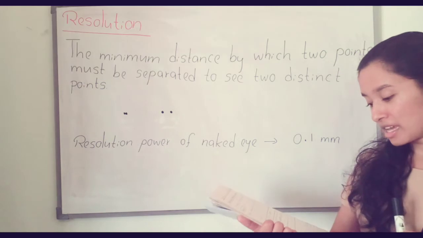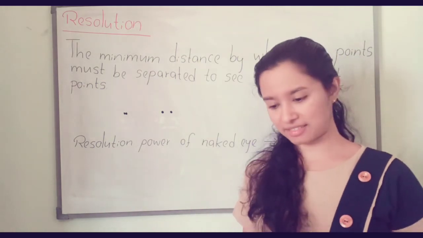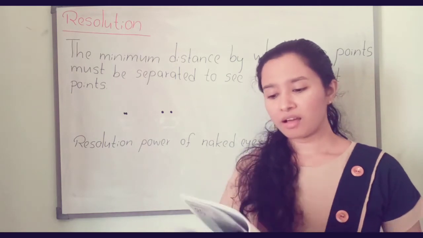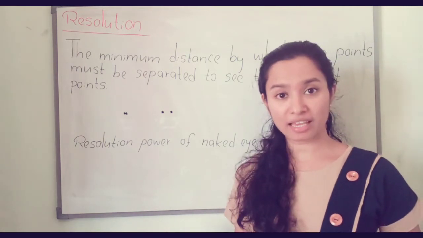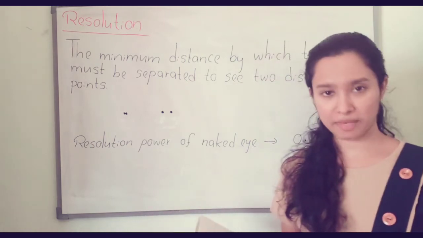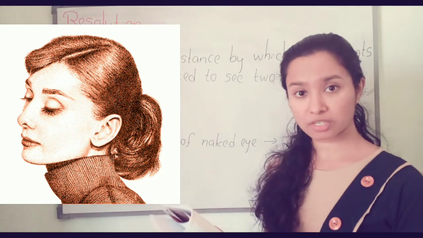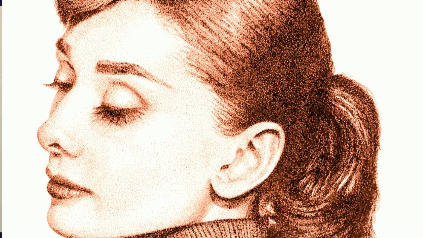Okay? Now you have to do an activity. Activity 10.4. Here you have to take a colorful picture, and you can observe this colorful picture with your naked eye. Here you can observe that the image is composed of a large number of small dots. Then observe that picture by using a hand lens.